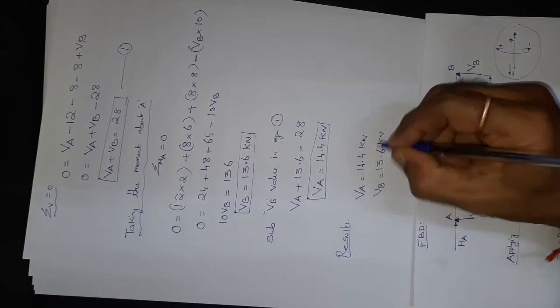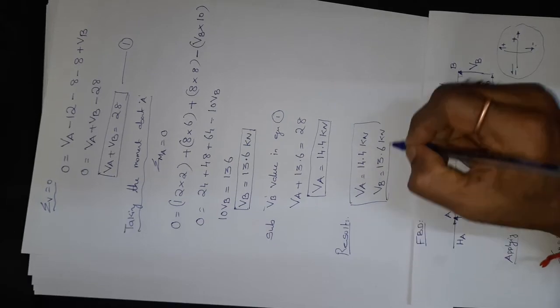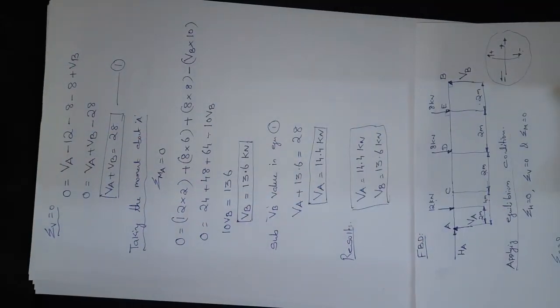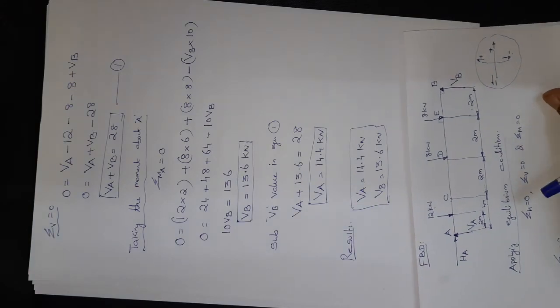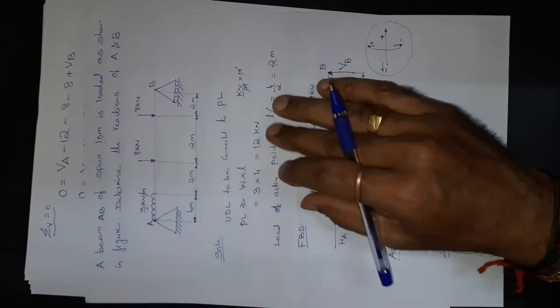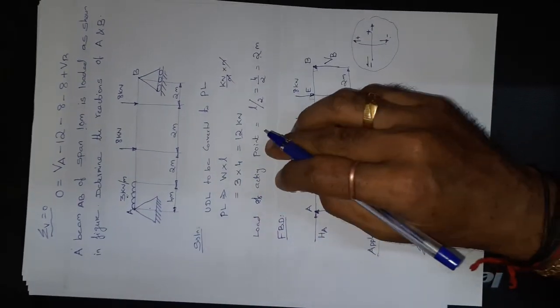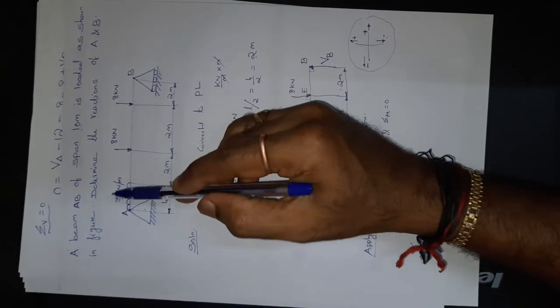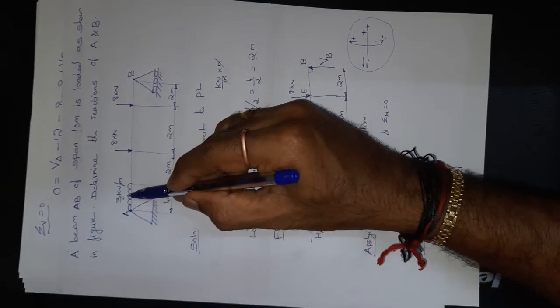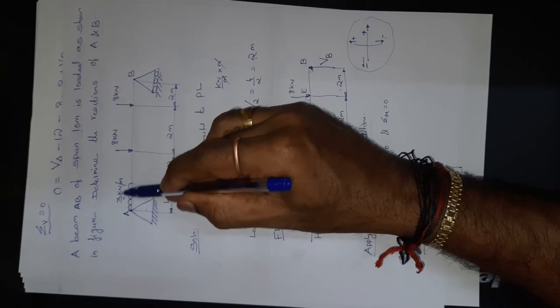Got it? So see, mostly the students encounter issues in converting the UDL to the point load. You should not make a mistake by putting the 3 kilonewton here, because this is the intensity of the load of the UDL.